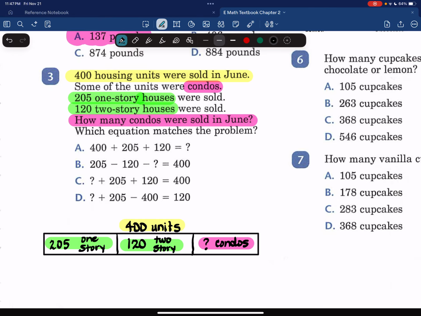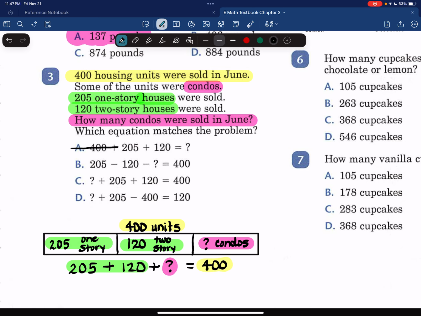I can tell you, however, that 205 plus 120 plus the unknown adds up to 400. Because if I follow my thinking, there's the total. These are the 2 we know plus the 1 we don't know. So I know that my answer has to equal 400.